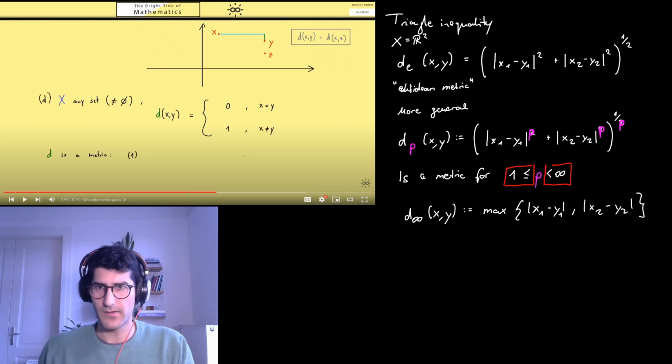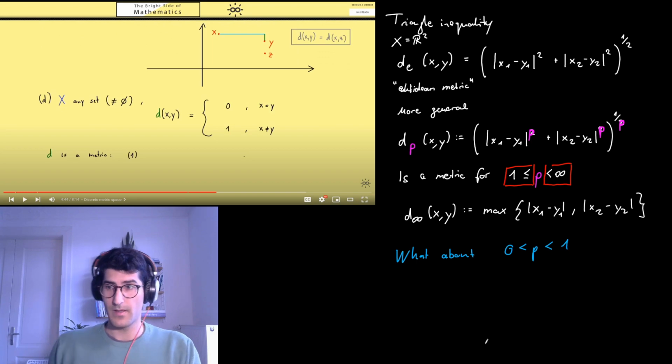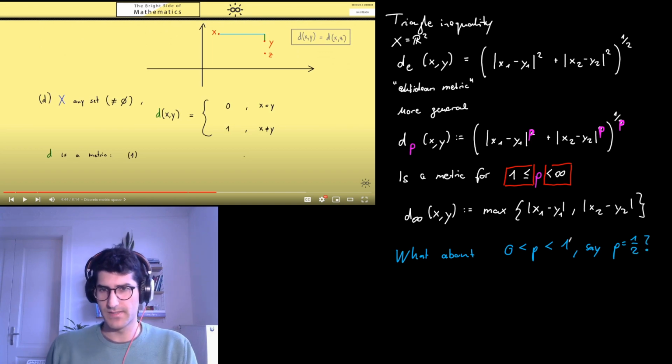So let me write down this question. So what about, let's say 0 less than p less than 1. Let's say p equals 1/2. Yeah, 1/2 is a number between 0 and 1, and it's clearly less, so it does not fit this definition here. So we would expect that this does not define a metric.